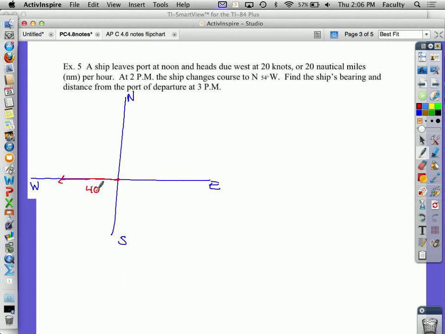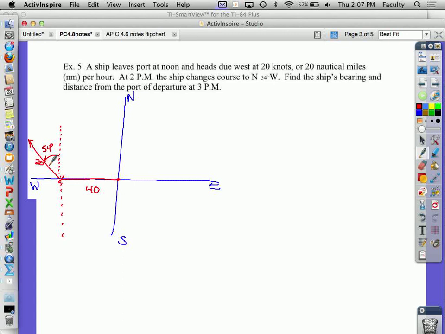Okay, now, wherever you stop, you have to imagine another north, south, east, west pole there. Now, the ship is going to change course and go 54 degrees west of the North Pole. Okay? And it only went for 1 hour. So this is just a distance of 20 nautical miles.